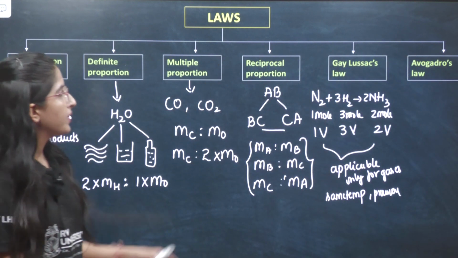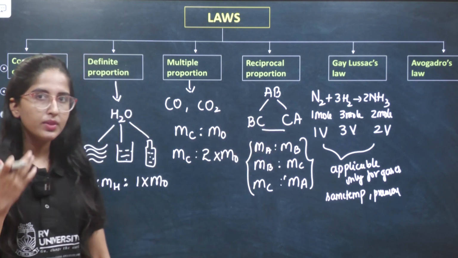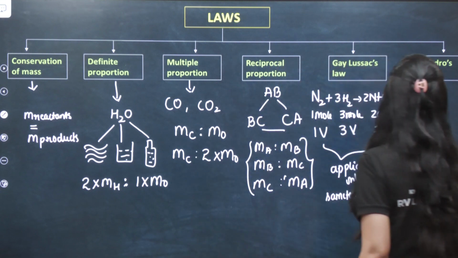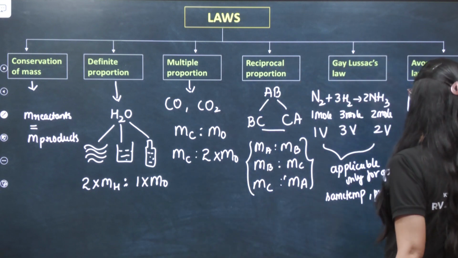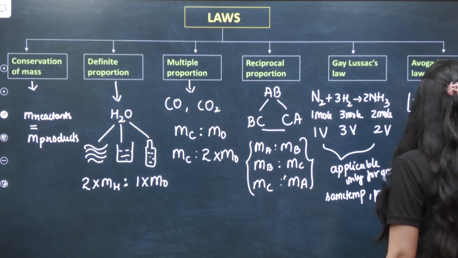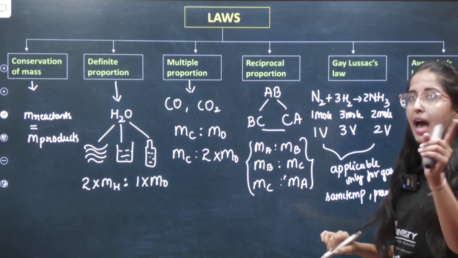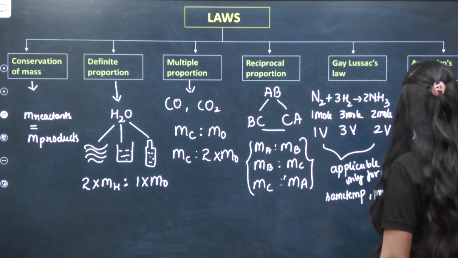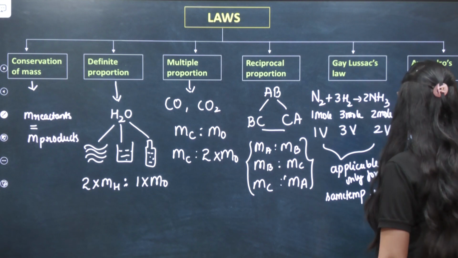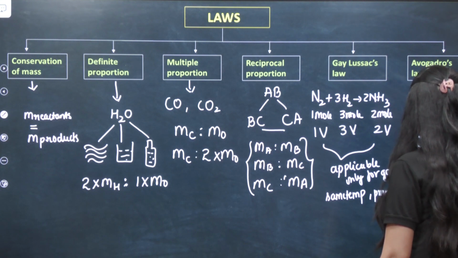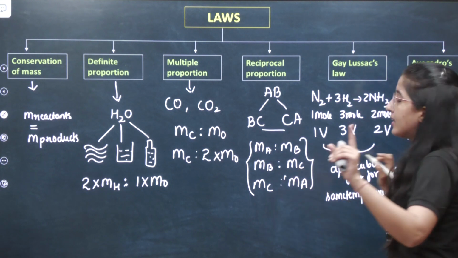Next, let us come to Avogadro's law. Avogadro's law says that you have X gas. Here also I am mentioning it is only for gases, and Y gas. Okay, now I have taken X gas 10 ml and Y gas 10 ml, and I have maintained the same temperature and pressure. What did I do?